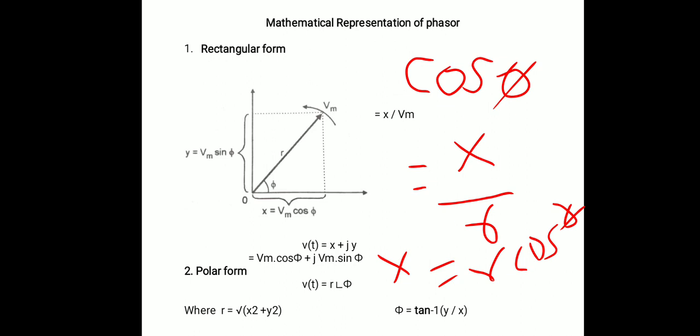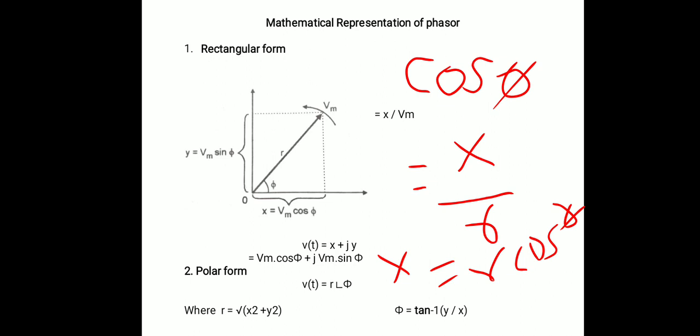In the same manner, applying sin theta, we get y equal to Vm sin of theta. By putting those two values in the given formula, we get the rectangular form, Vm cos of theta plus j Vm sin of theta.